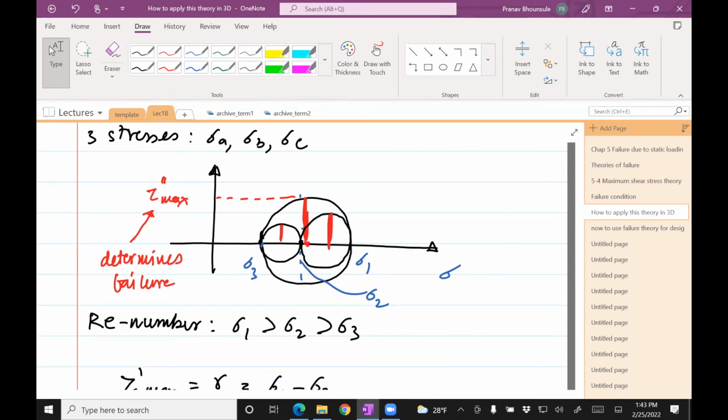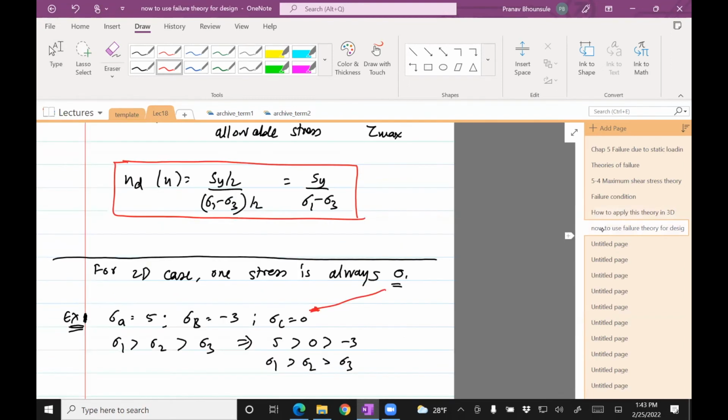So when you add the second 0, you'll also get 3 circles. The one which determines failure is the radius of the biggest circle, which is determined by the maximum principal stress and the minimum principal stress. So you always have to arrange them in ascending or descending order, such that you identify sigma 1 and sigma 3.